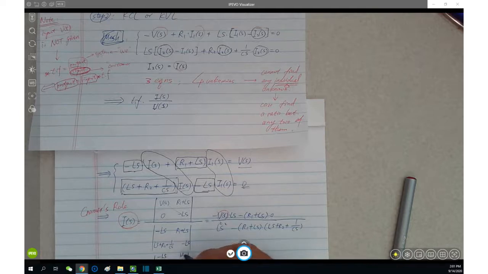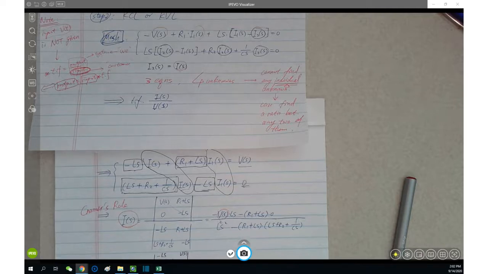Have you guys learned Cramer's rule? The denominator matrix remains the same. Have you guys learned this before? Yes. Good. Which class? We are still learning it in class 302 right now. And before 302?